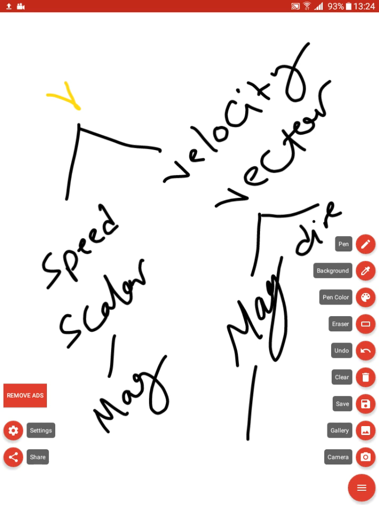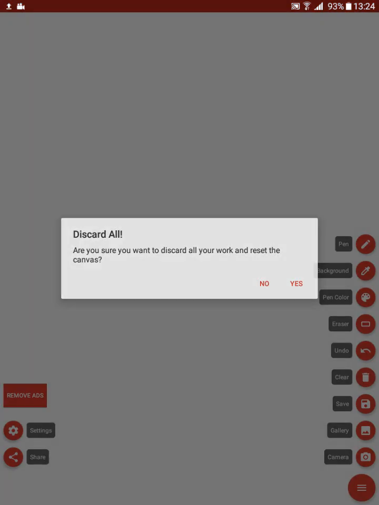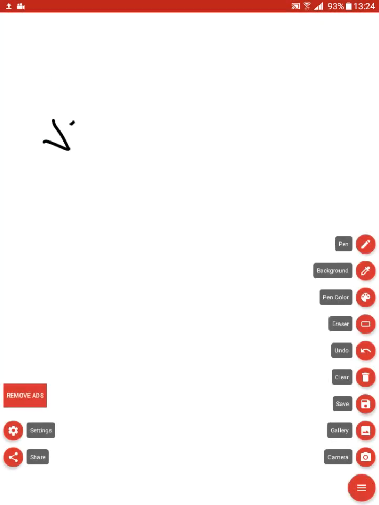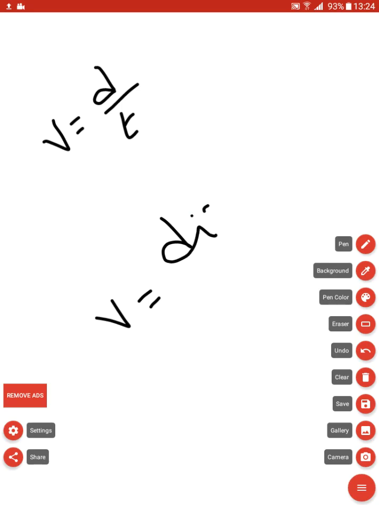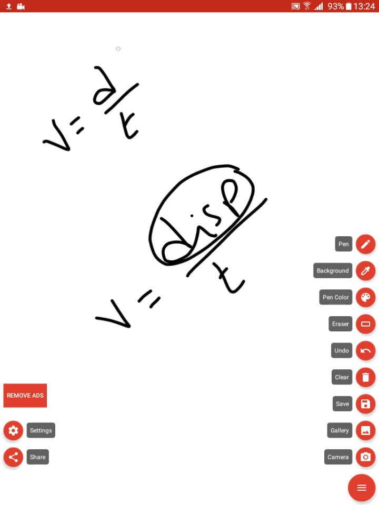Now, speed equals distance over time, while velocity is equal to displacement over time. Displacement is vector, distance is scalar.